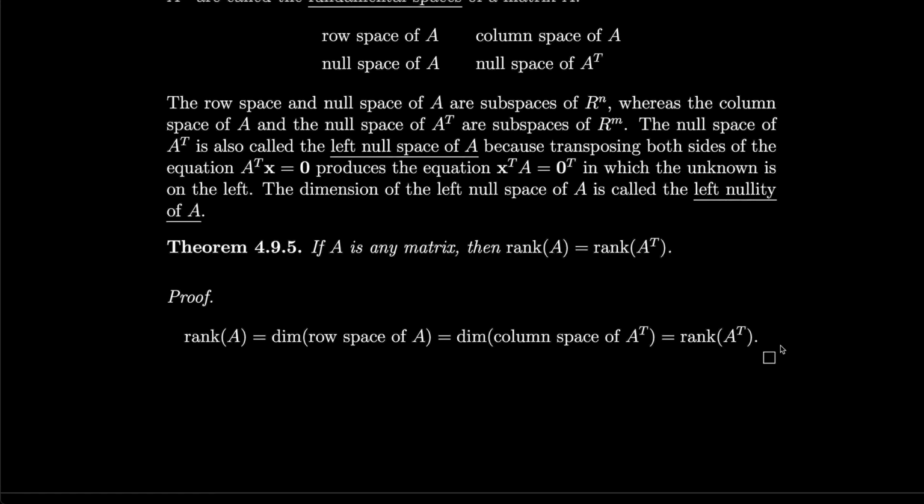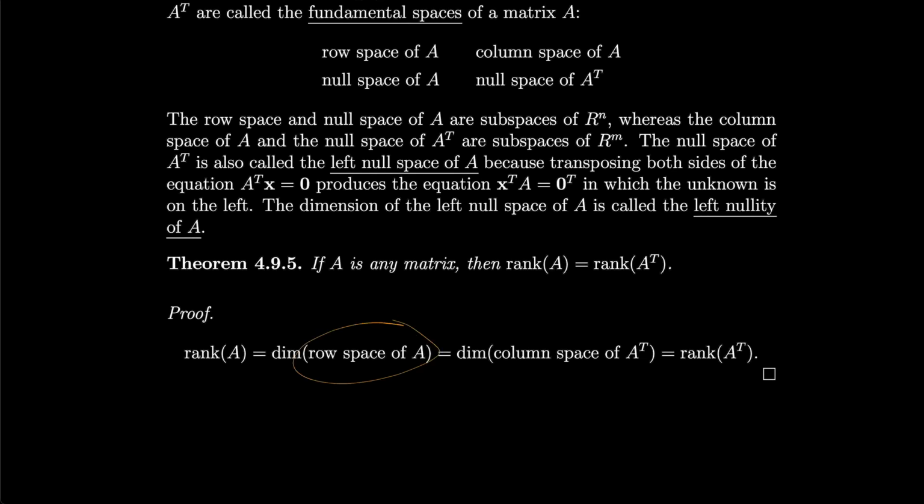Well, the rank of A is equal to the dimension of the row space of A, which is equal to the dimension of the column space of A transpose, so that has to be equal to the rank of A transpose.